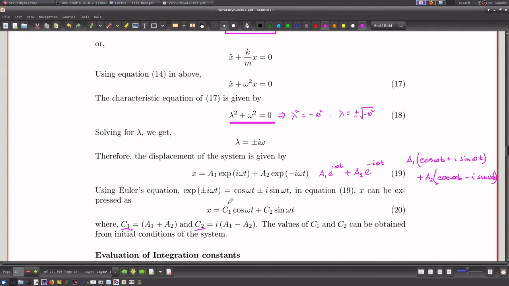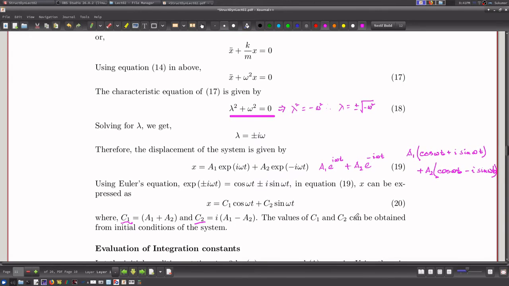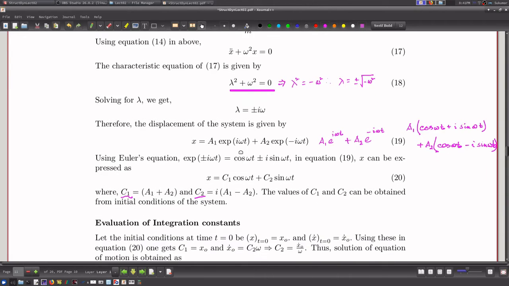And these values of C1 and C2 can be obtained from the initial conditions of the system. So now let us evaluate the integration constants.